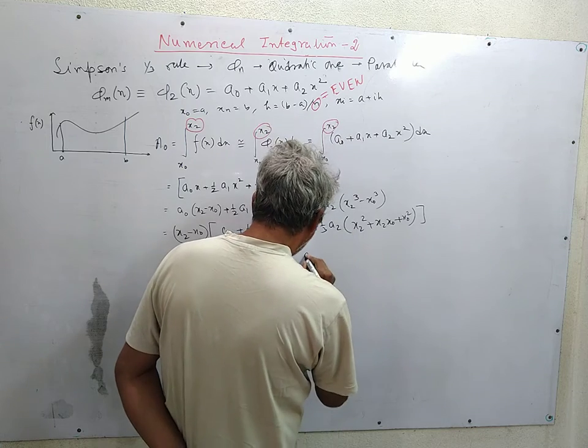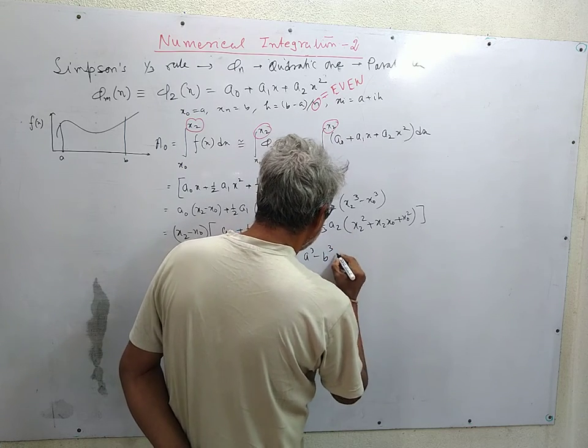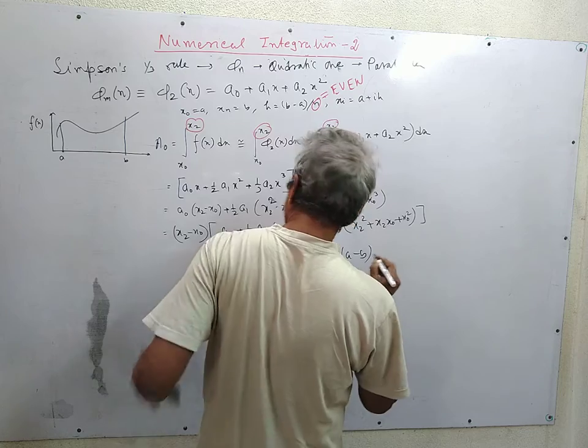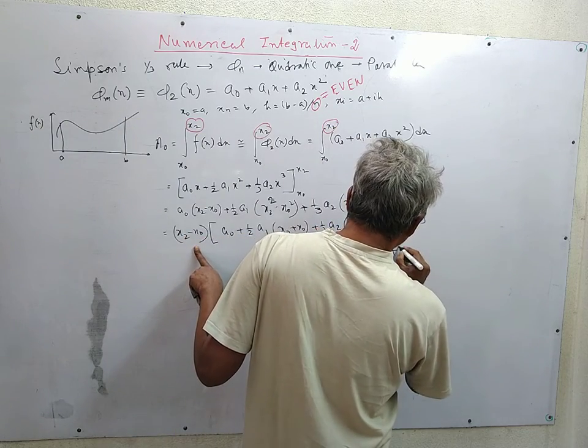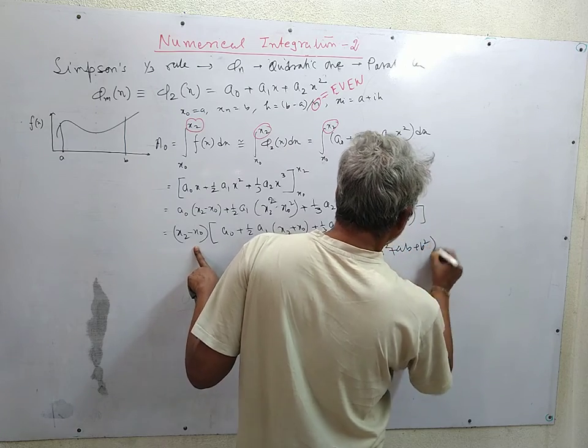We have used a cube minus b cube is equal to a minus b, which is taken common here, times the a square plus ab plus b square formula.